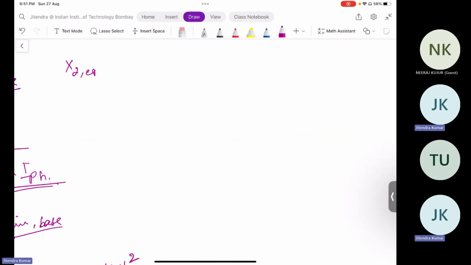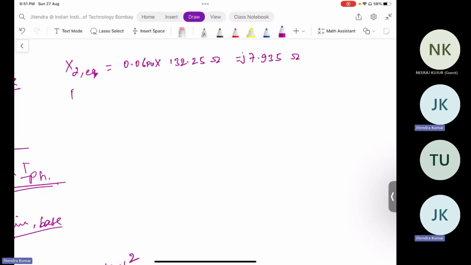For the secondary equivalent, it is given 0.06 per unit, and you have the base value of 132.25. So how much will it come out to be? 7.935. 7.935 ohm. So this is your equivalent secondary reactance.